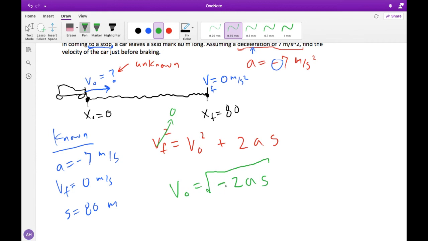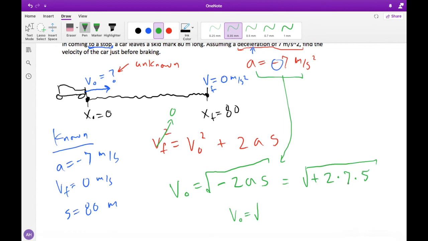Where this negative came from is subtracting the 2as to the left hand side, and then taking the square root of all that. Once we plug everything in, the negatives will end up canceling out, which works out perfectly because we shouldn't be getting any imaginary numbers here.